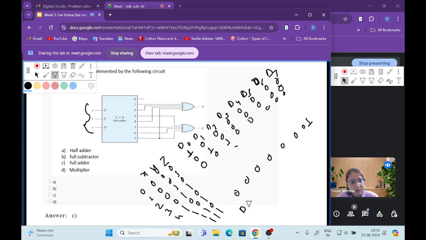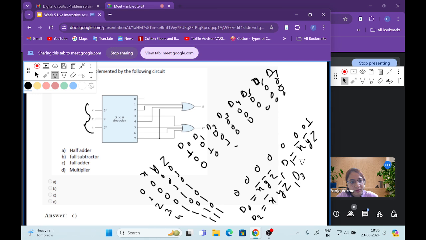For D0, for example, we have to write it this way: X dash, Y dash, Z dash. For D1, X dash, Y dash, Z. For D2, X dash, Y, Z dash.